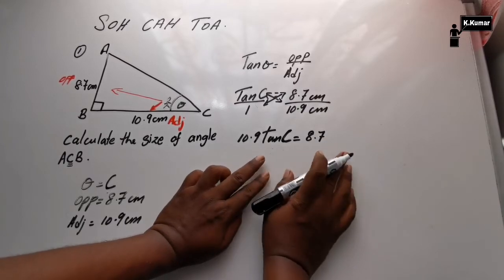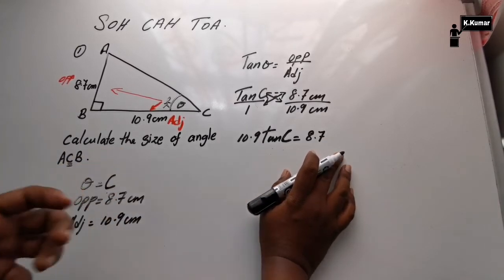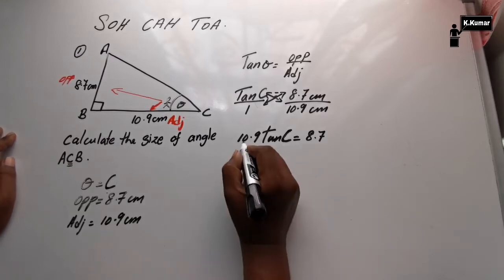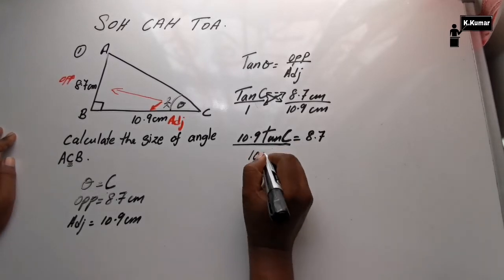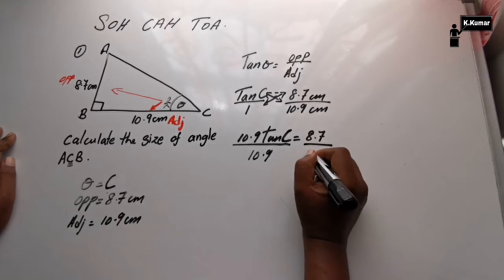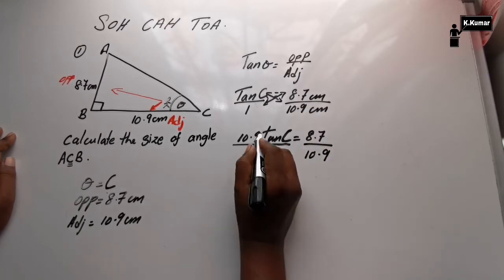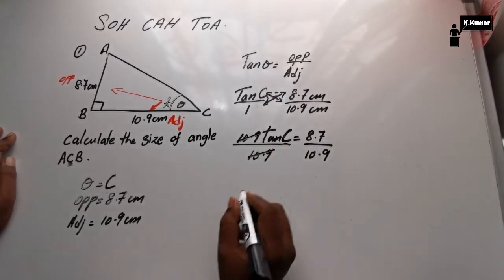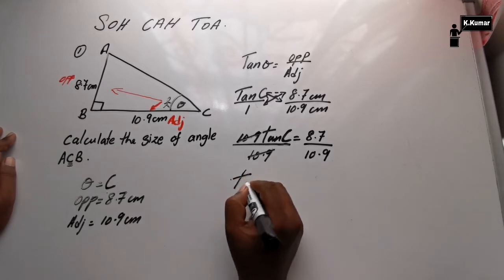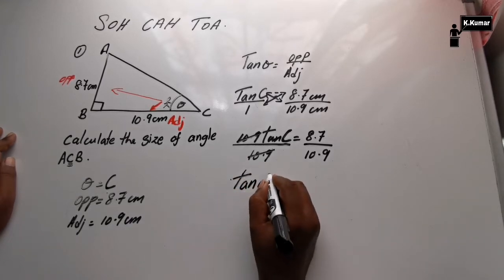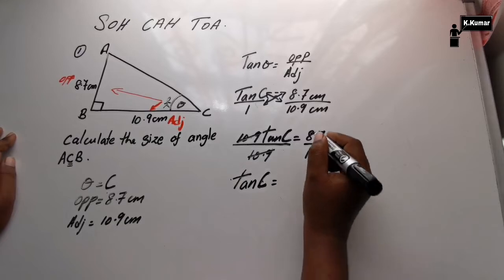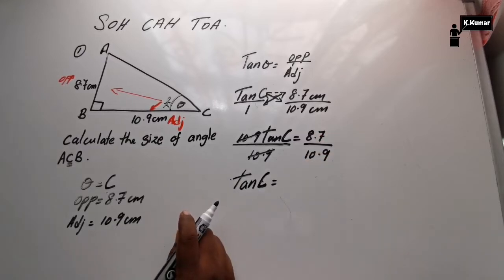So to get the 10.9 to the other side, we have to divide it out, because we always do the opposite operation. So we divide this side by 10.9 and we do the same across here. So this and this cancel out, leaving tan C is equal to 8.7 divided by 10.9.